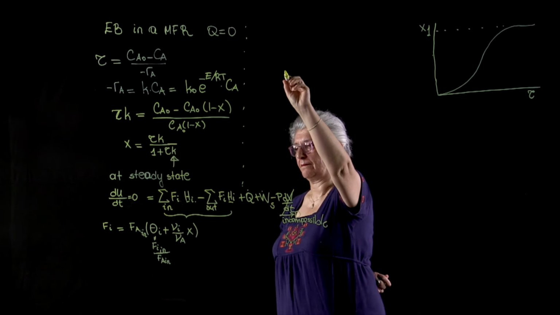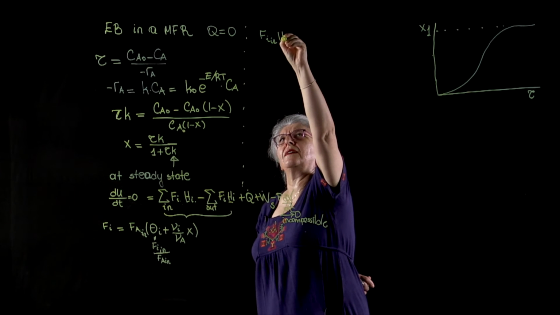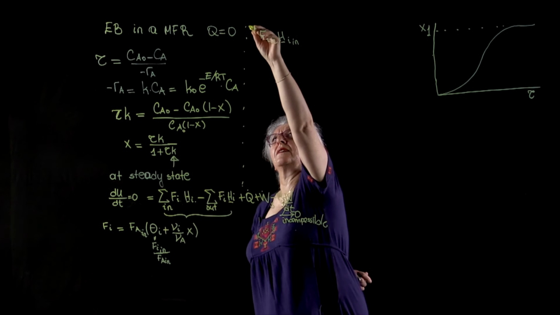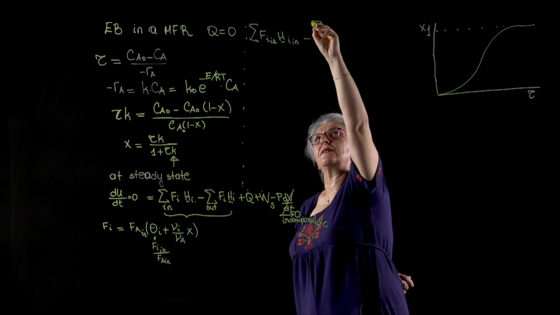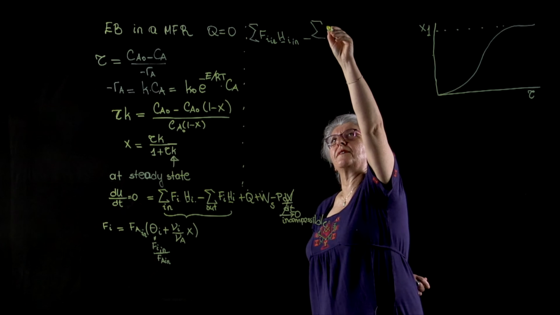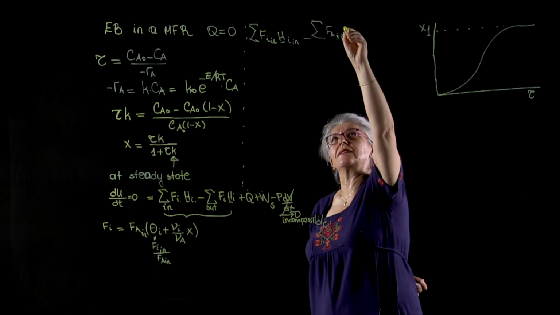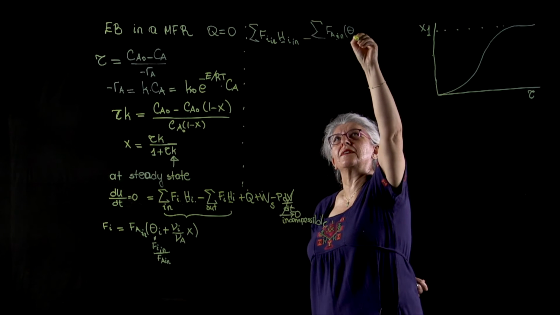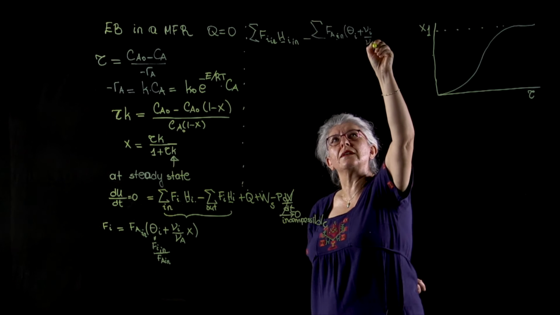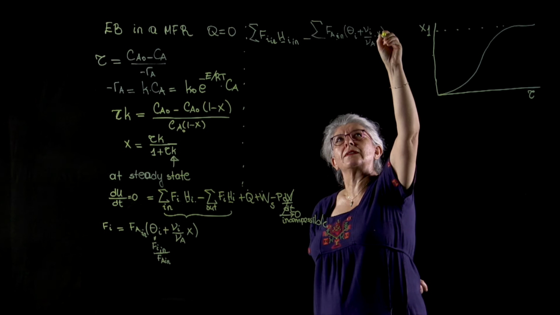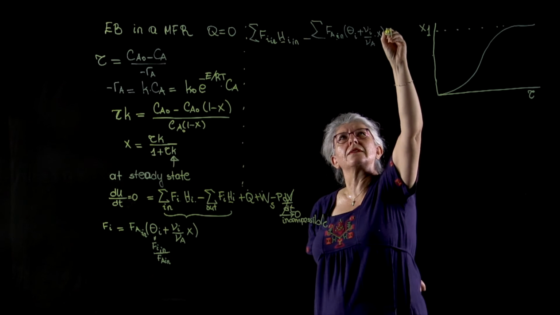So I have the summation of Fi in times Hi in, minus another summation of Fa0 times theta I plus nu I over nu A times x, times h out.